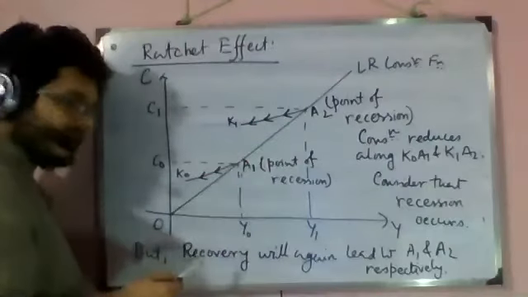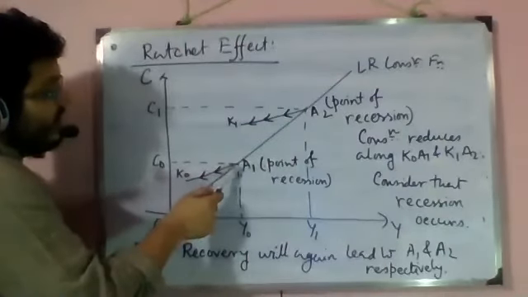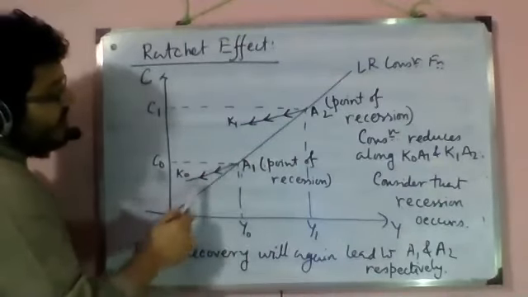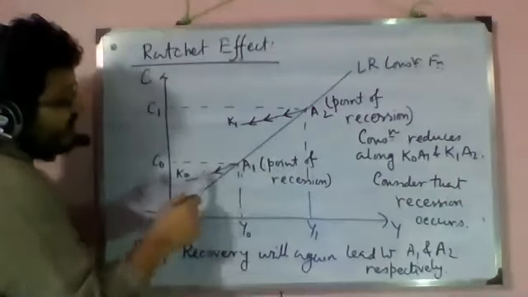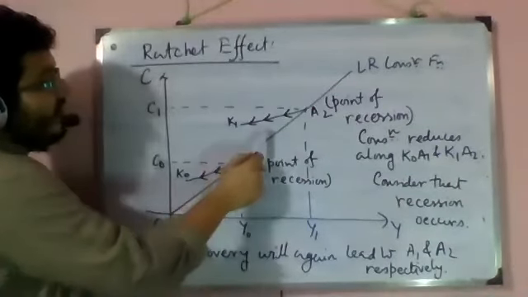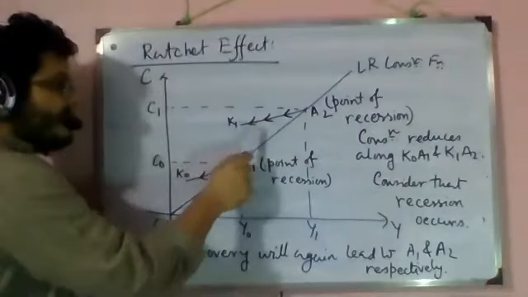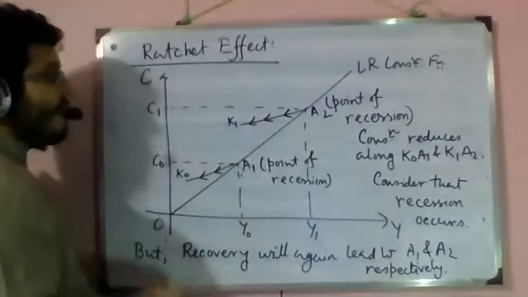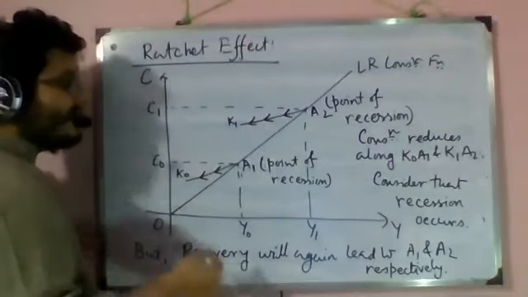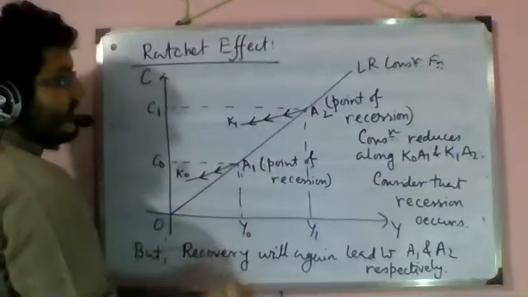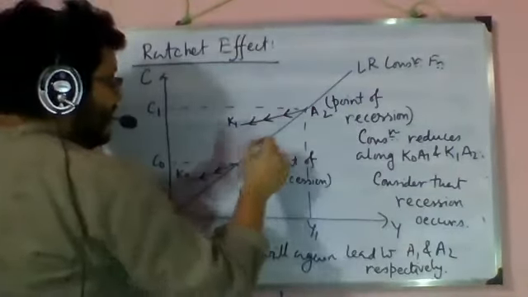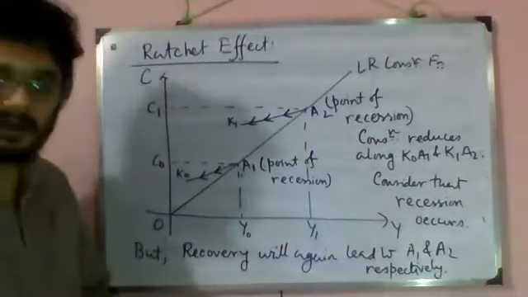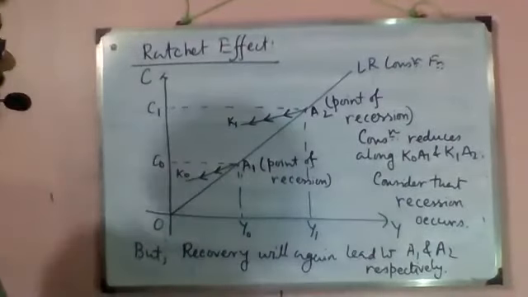Consumption reduces less. So that's why in recession, the relationship between consumption and income moves along this line, K0 A1 or K1 A2, whichever you consider. And then when recovery occurs after recession, the consumption again lands into A1 and A2 point and then goes along the trend line. Ratchet effect summarizes this whole scenario.